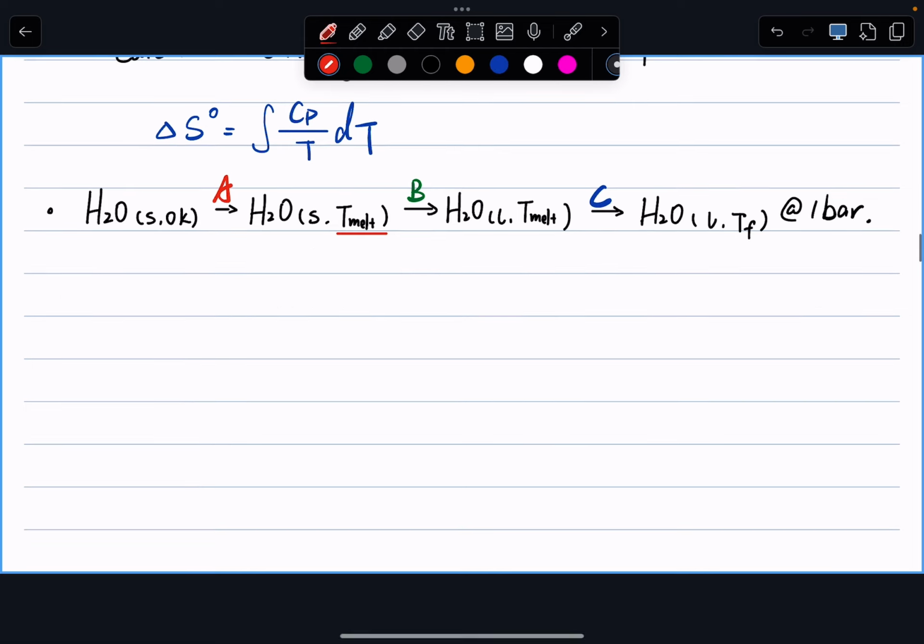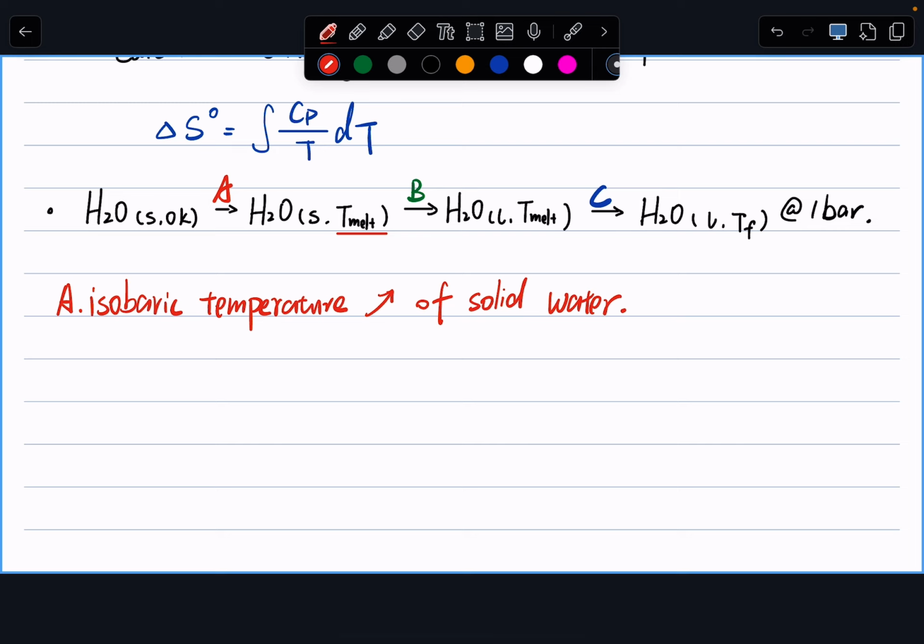Now, problem A: we have the isobaric temperature increase of solid water. That's something we already did.